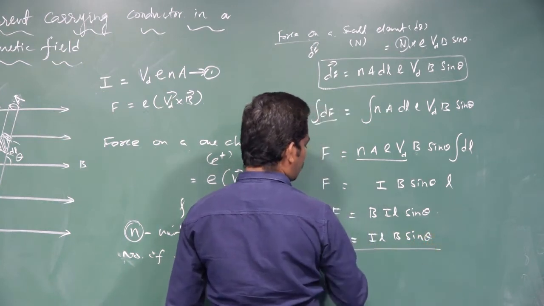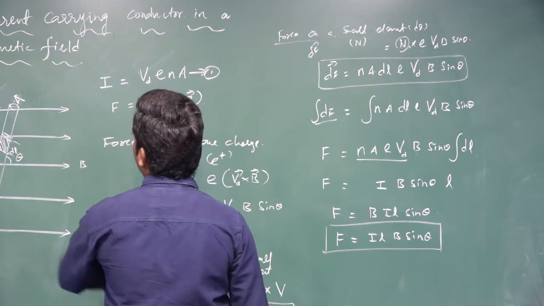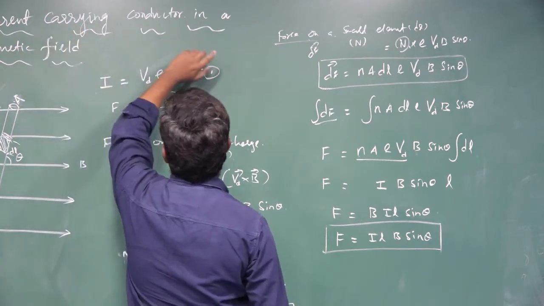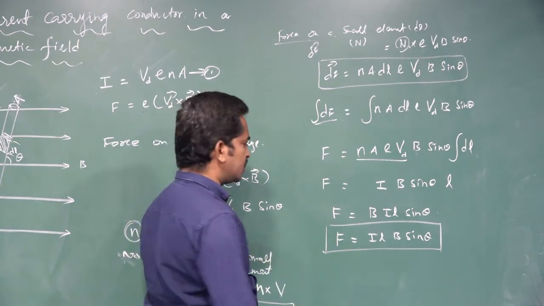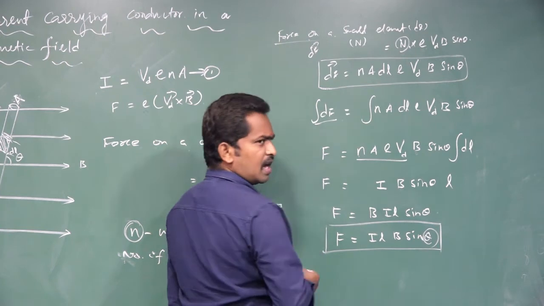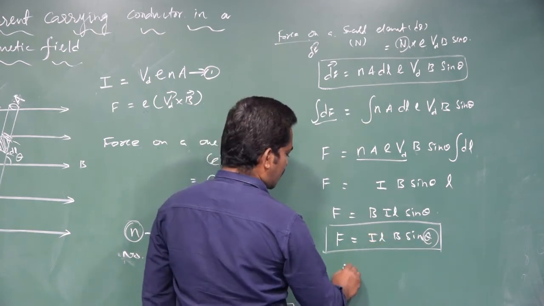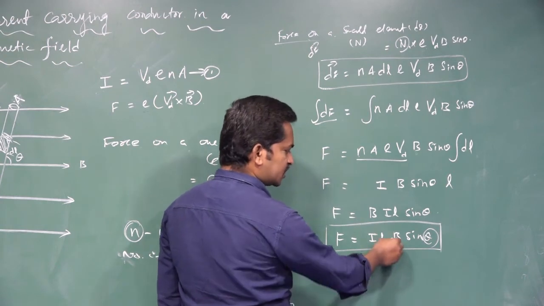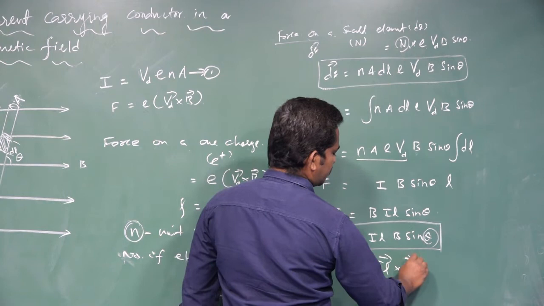This is the magnitude of the force, the force on a current carrying conductor in a magnetic field. F is equal to I L B sin theta, where theta is the angle between I L and the magnetic field. In vector form, which is very important, F is equal to I L vector cross B vector.